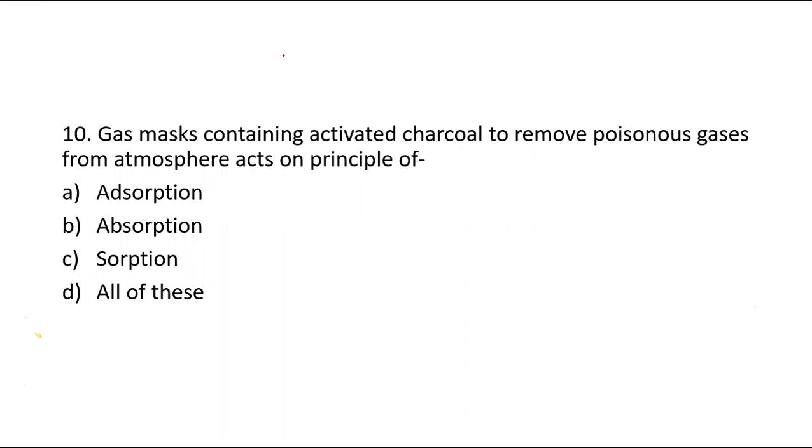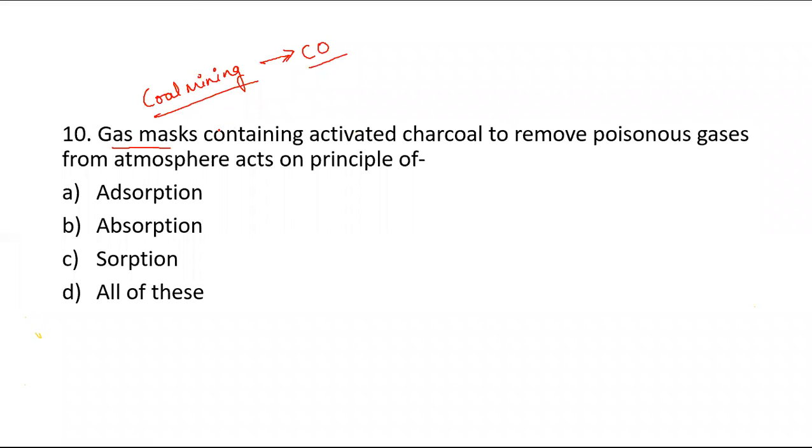Okay. Gas masks containing activated charcoal to remove poisonous gases from atmosphere acts on the principle of. See, where are gas masks used? This is mainly used in coal mining. While extracting the coal, poisonous gases like carbon monoxide will be released.